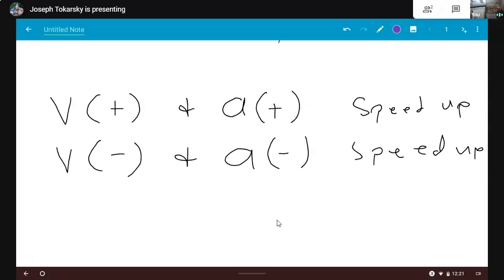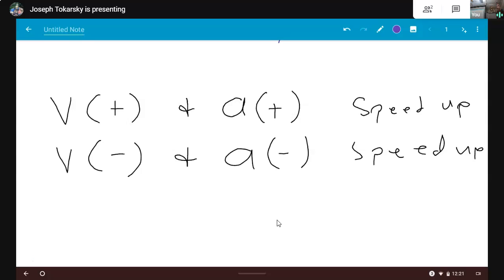If I'm walking this way, and you want to slow me down, which way are you going to push? Towards what direction? Positive or negative? If I'm walking this way. Right? Negative. If I'm walking positive this way, but you want to slow me down, you've got to push this way, right? You got to do the opposite. And your push causes the acceleration, so that's the direction of the acceleration.